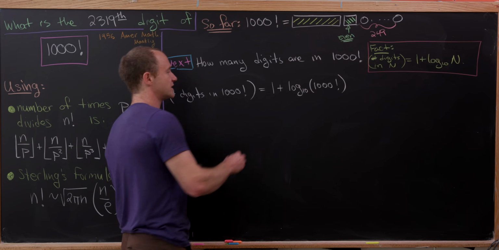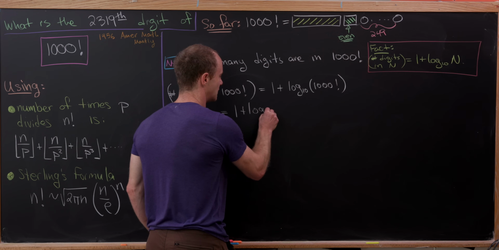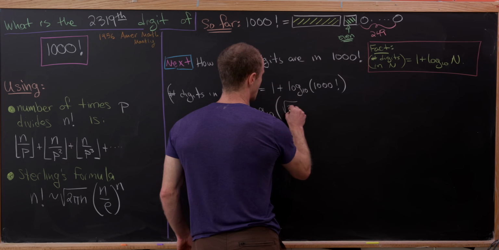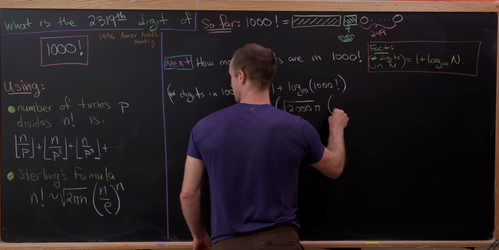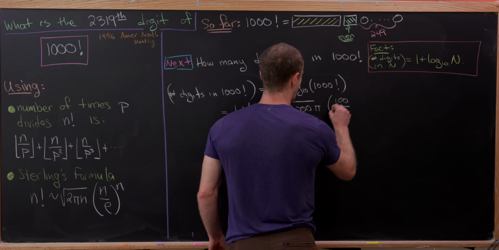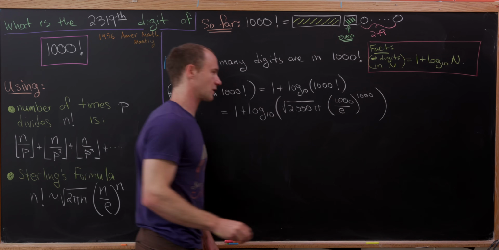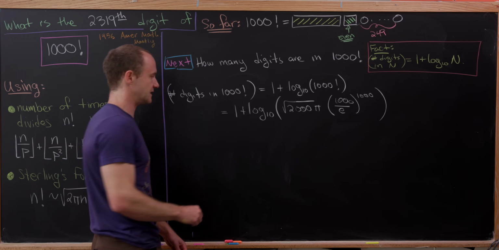Okay, so notice that using Stirling's formula, this is 1 plus the log base 10 of the square root of 2,000 pi, times 1,000 over e all to the 1,000th power. From here we can use some logarithm rules a bunch of times.